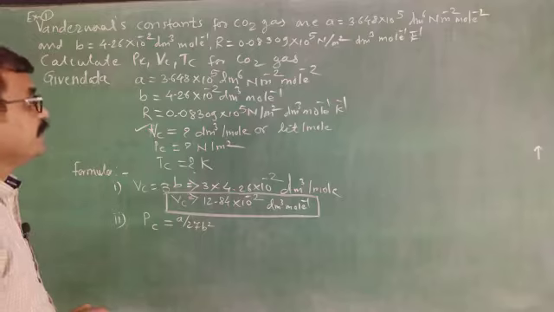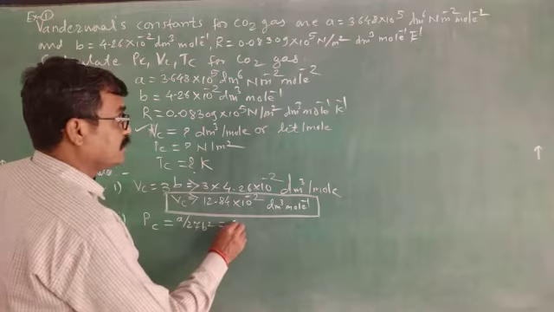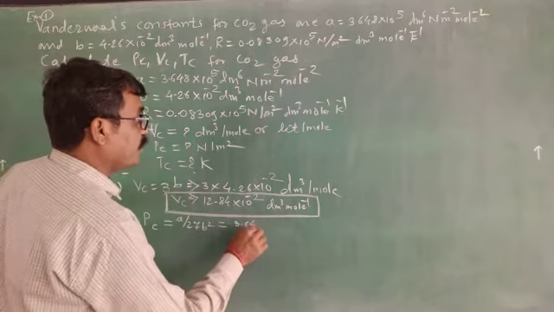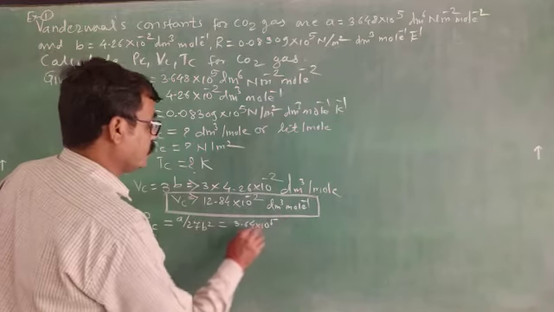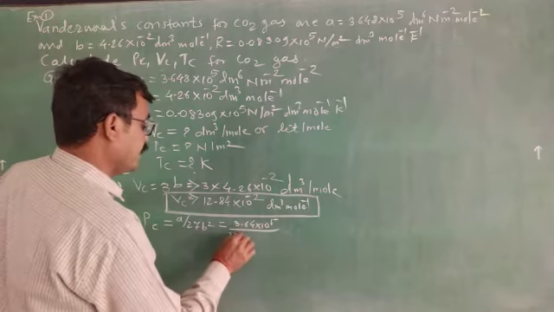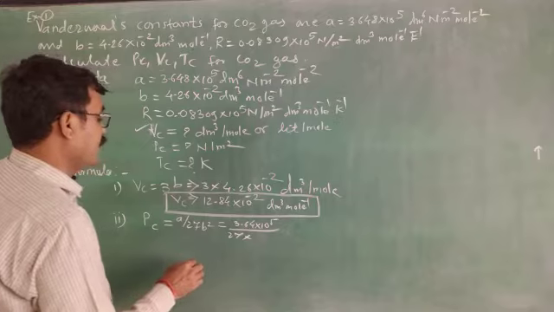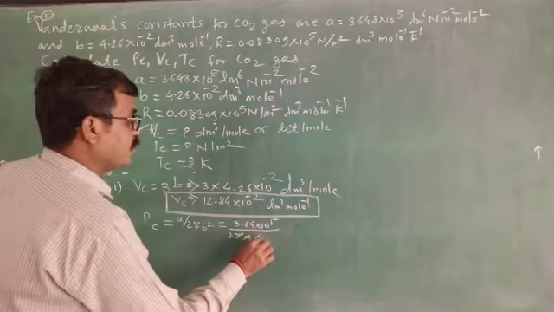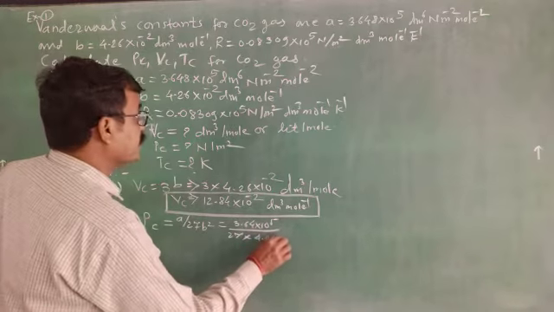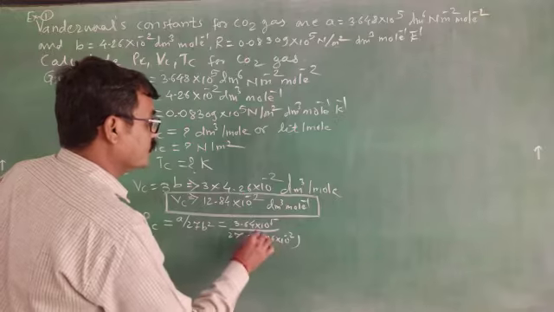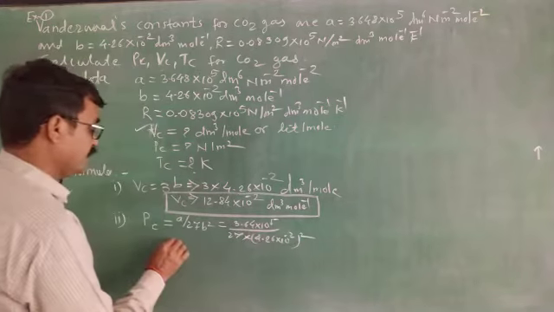What is a? a is nothing but 3.64 into 10 raised to power 5. Then 27 into, what is the value of b? b is nothing but 4.26 into 10 raised to power minus 2, whole squared.